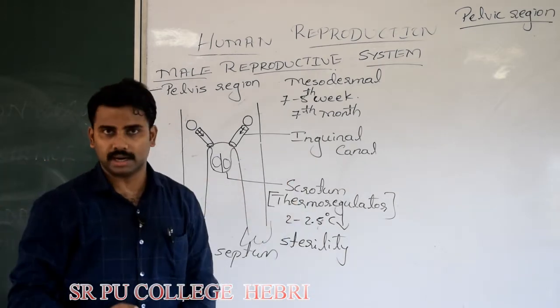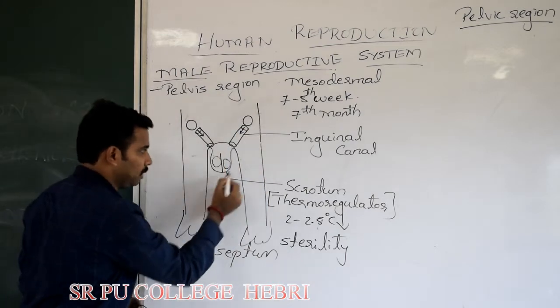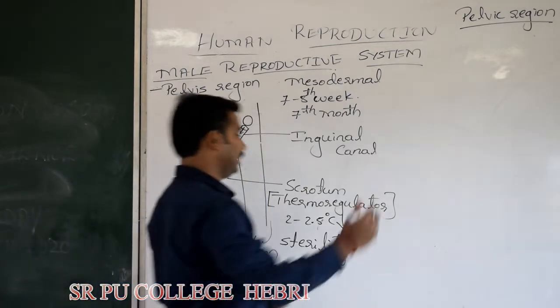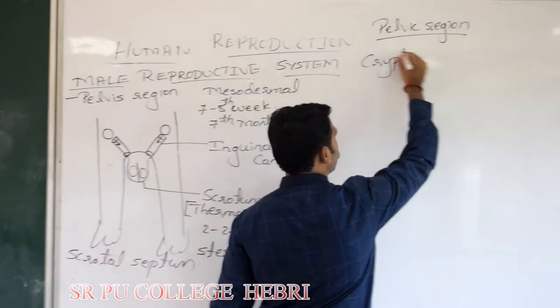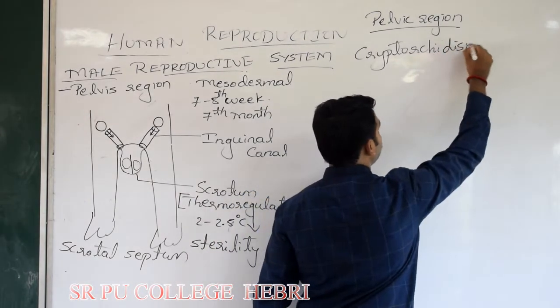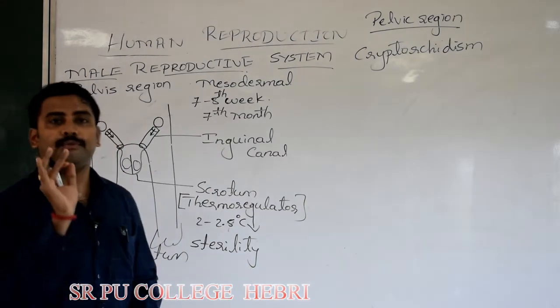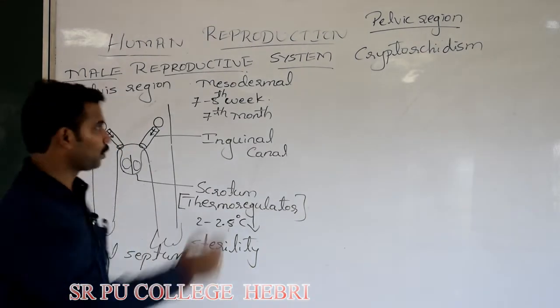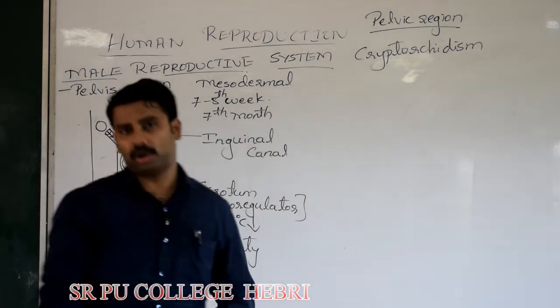Just try to understand: if the testis fails to descend to the scrotum, that condition is called cryptorchidism. Note it down separately as a neat point. Cryptorchidism is the failure of the testis to descend to the scrotum.